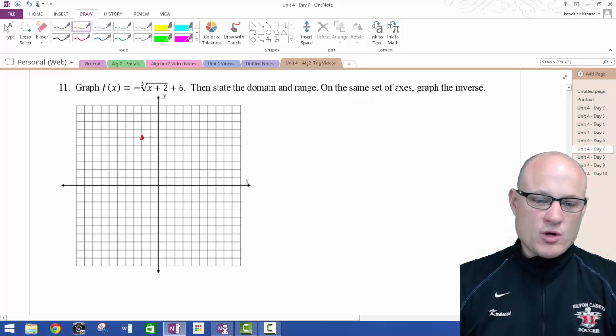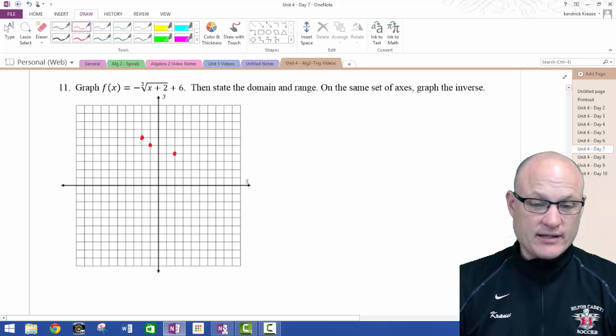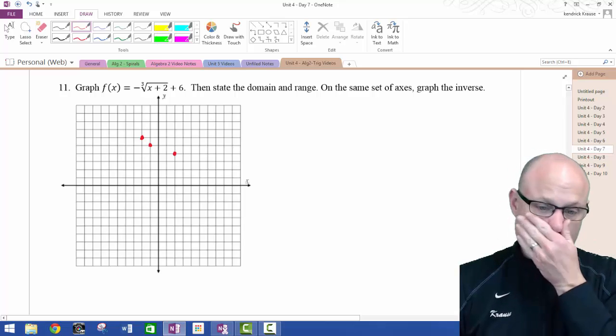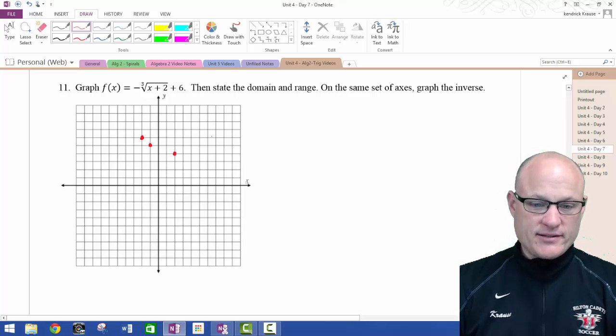We're going to go to the right 1 and down 1. We're going to go to the right 4 and down 2. Same as before. But again, we got the negative in front, which means it's a reflection. And then I'm going to go to the right 8, which takes me out here to 6 and down 3.